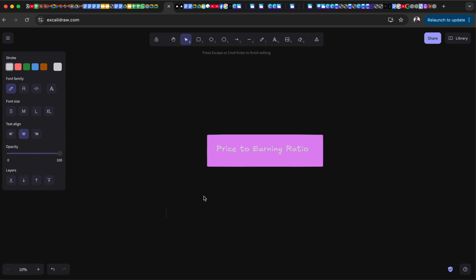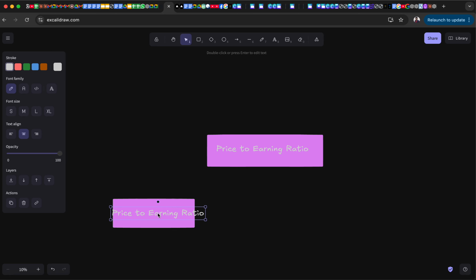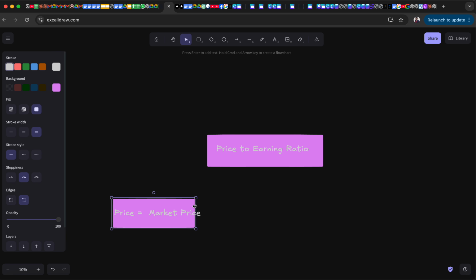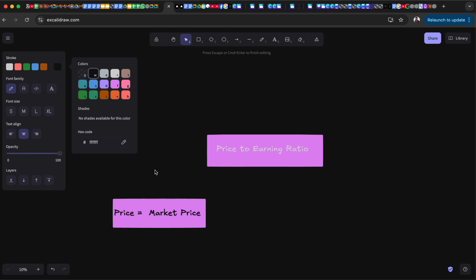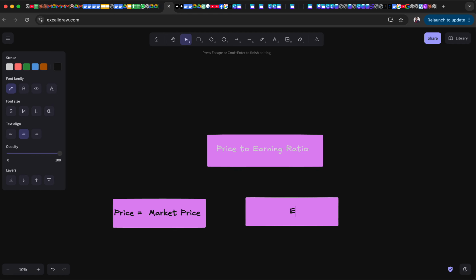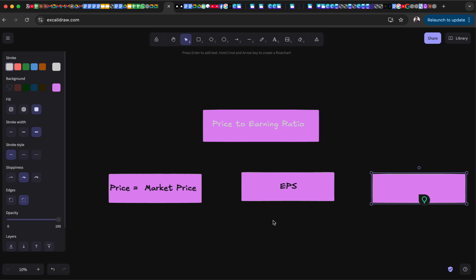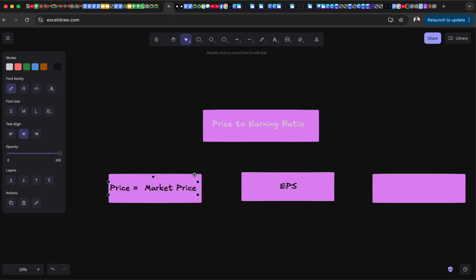Okay, so there are two components. One is price, which is the market price. And the other factor is EPS, earning per share. That EPS you can compare with the market price.